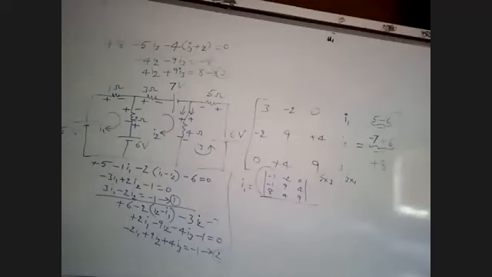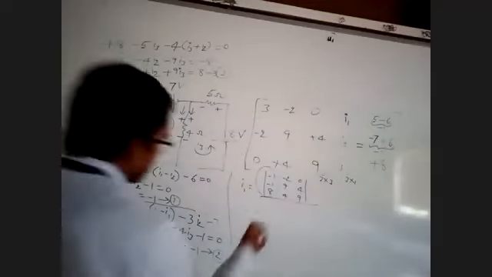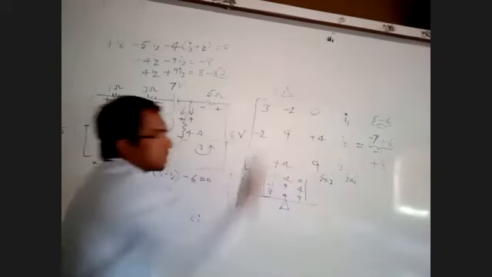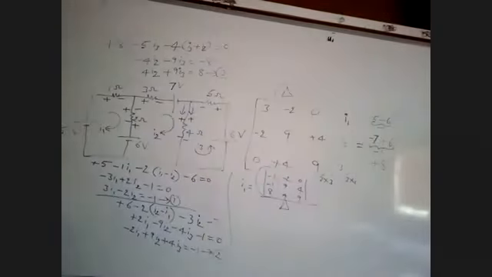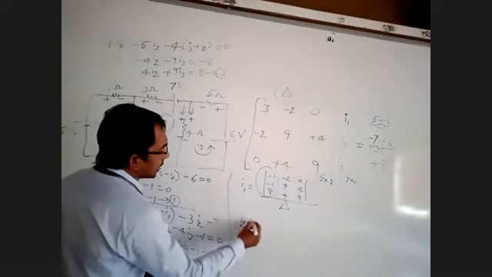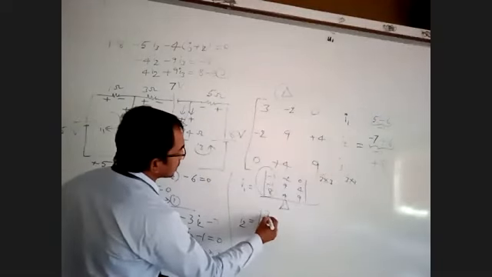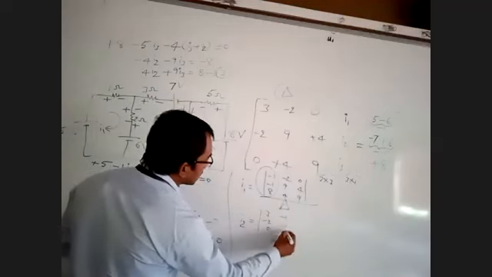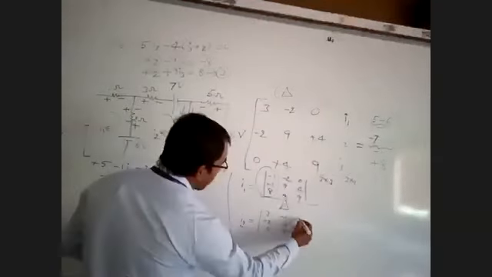Delta is the determinant of the resistance matrix. Similarly, I2 is equal to delta 2 by delta, replacing the second column with voltage sources.